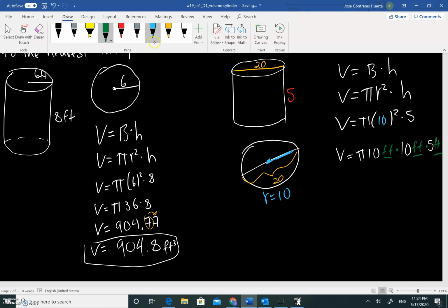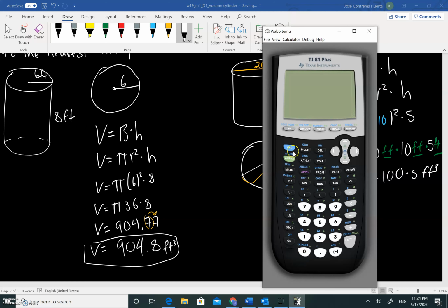So this is actually going to give me V is equal to, let's just leave them all in the same place, pi times 100 times 5 feet to the third power. So now this is actually going to be used in the calculator. So let's turn this on.